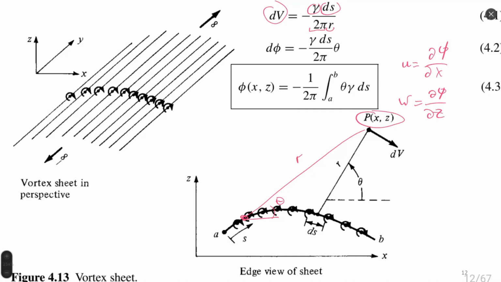Since we do not have a y component but a z component of direction, I name this velocity the w component. The v component of velocity is equal to 0, I assume, because it goes from minus infinity to infinity in the y direction. And then the big velocity vector would be the square root of u squared plus w squared. This is how we obtain velocity from the analytically calculated potential function.